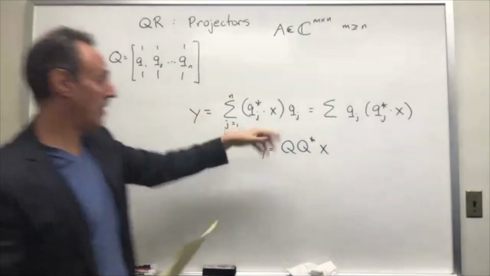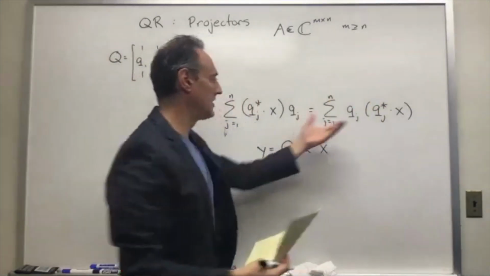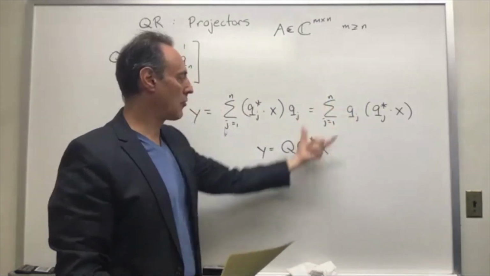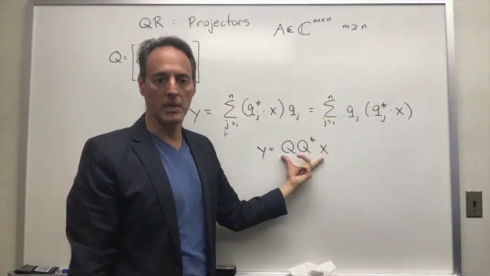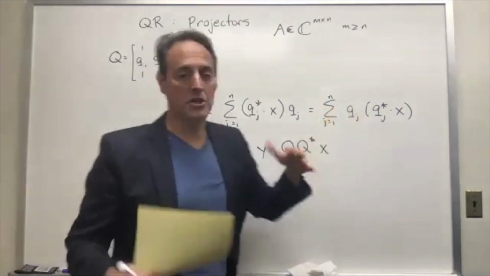It's the matrix. So remember, this is a sum over all n of them. And instead of writing the sum, I can write this in a more compact form like this. So QQ star becomes this projector.